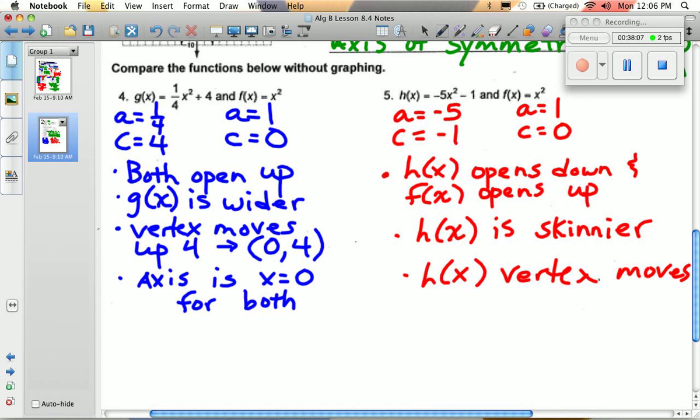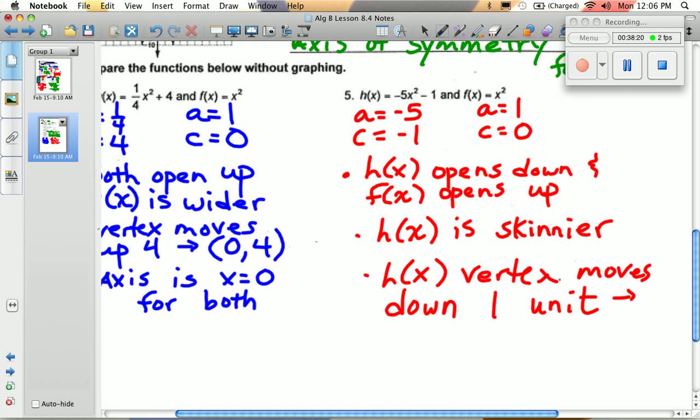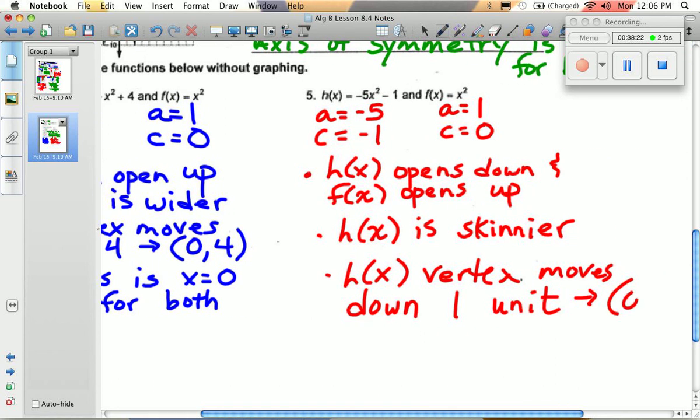How many units? 1 unit, because it's a negative, that makes it move down, and -1, so we say it moves down 1 unit. So where's it at? 0, -1. And how about our axis of symmetry? Axis is x equals 0 for both.